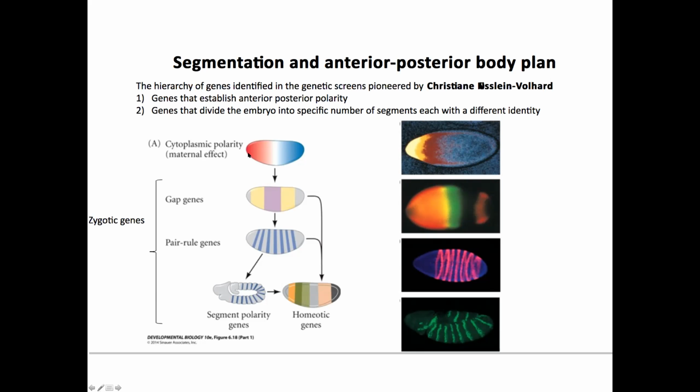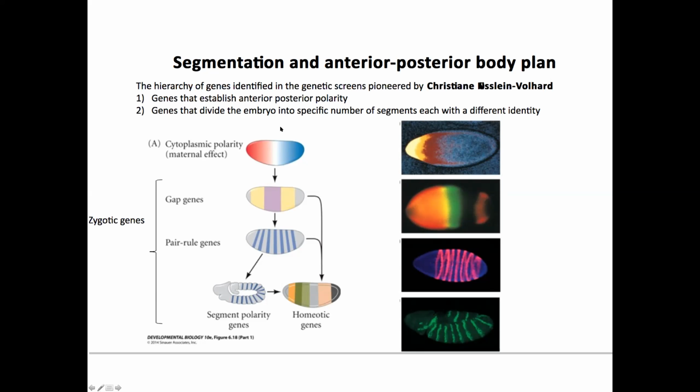So the basic principle is to have two opposing gradients. One defines anterior, but represses posterior. The other one defines posterior and represses anterior.